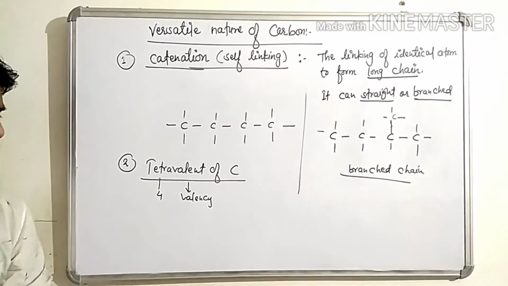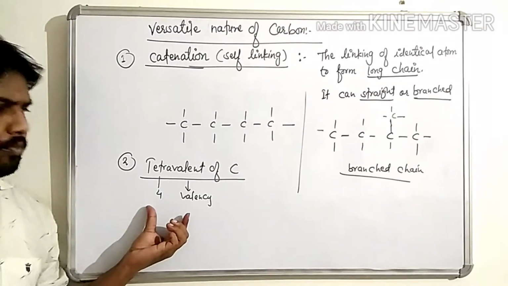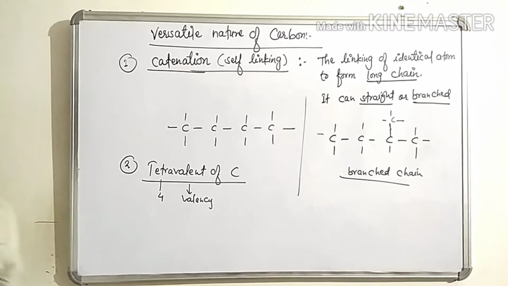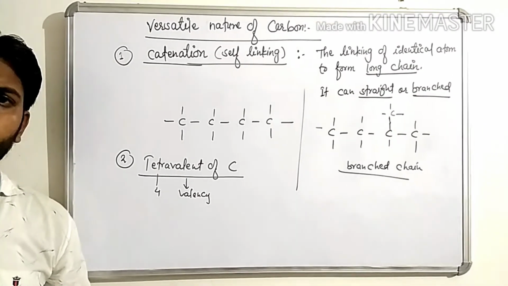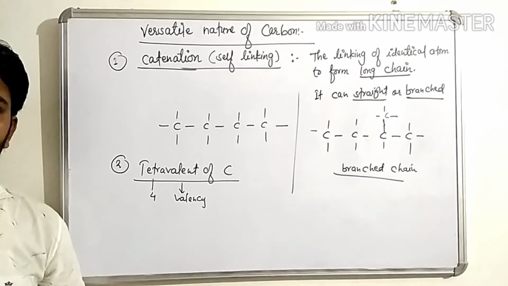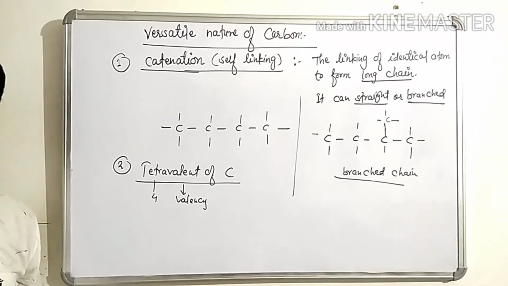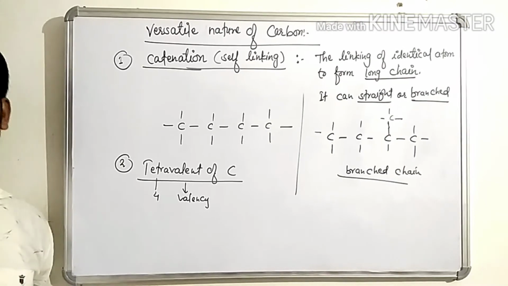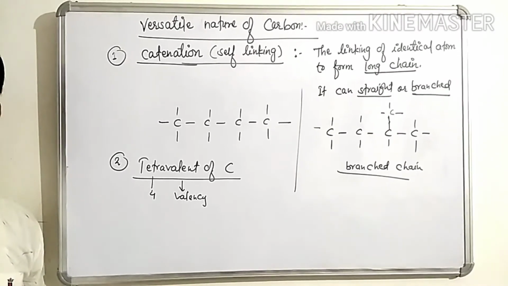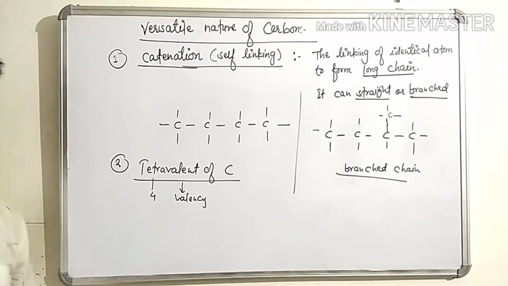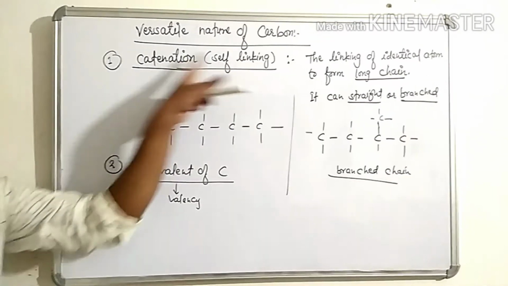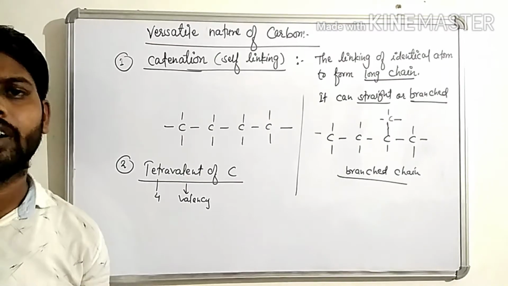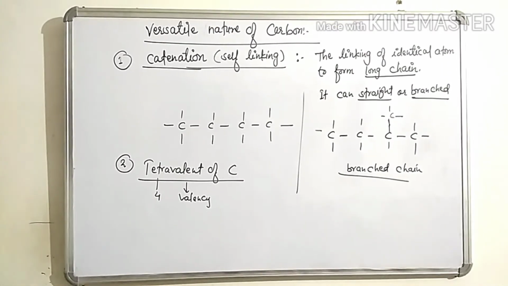Due to the large valency of carbon, children, carbon forms covalent bonds with carbon as well as many other elements also, like oxygen, hydrogen, nitrogen. This leads to the formation of a large number of carbon compounds. Clear, children?